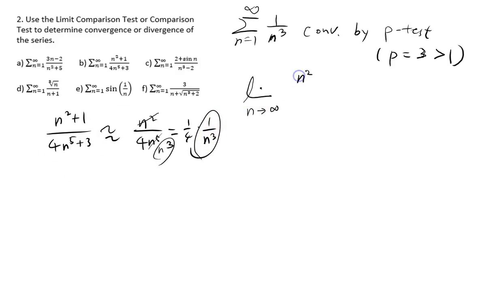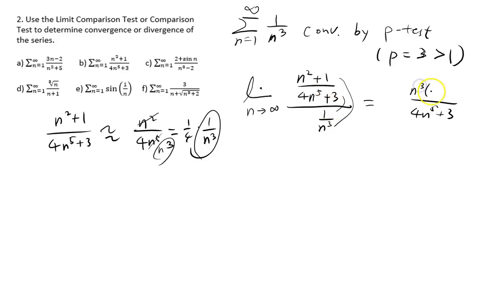So we take a_n, the given series, over b_n, the series that we're comparing with, and hopefully this goes to a non-zero value. If it does, then we're good. Okay, so we multiply the inside, which gives you the denominator, and this times that gives you the numerator.